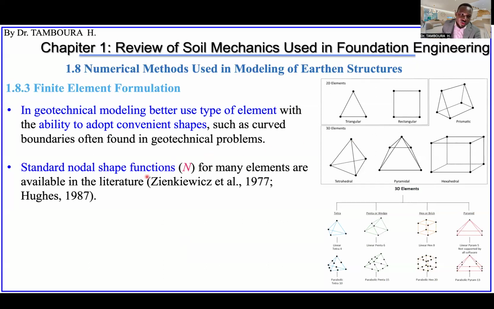So we are going to talk about the standard nodal shape function, the function at each node. This is what we need to know.